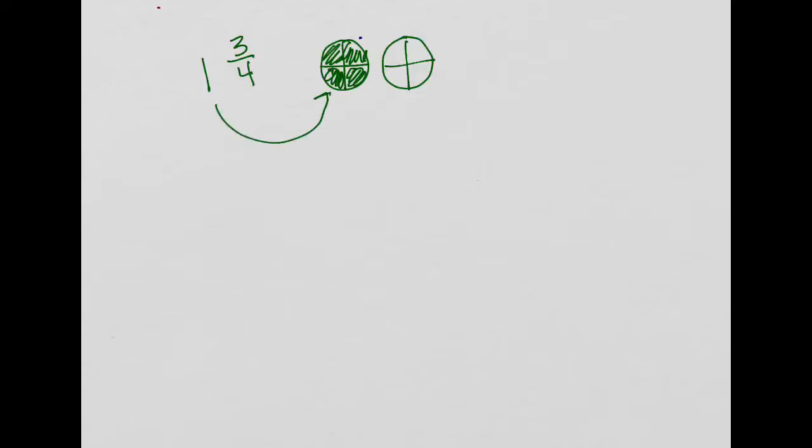So this 1 is right there. Then we have to do the 3/4 that's added to the 1 over here. So then that would be 3 pieces out of the 4. And that is how we would draw 1 3/4.